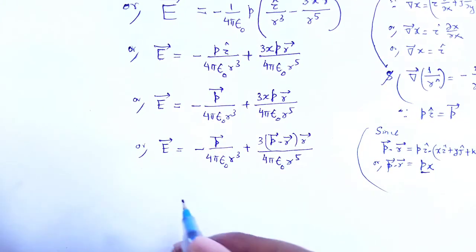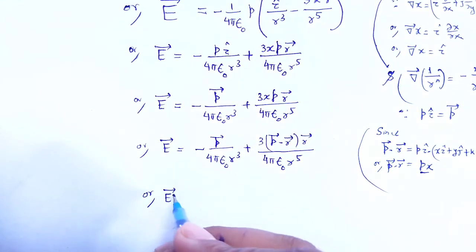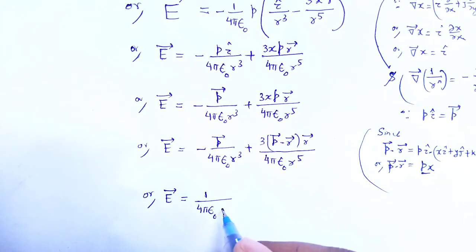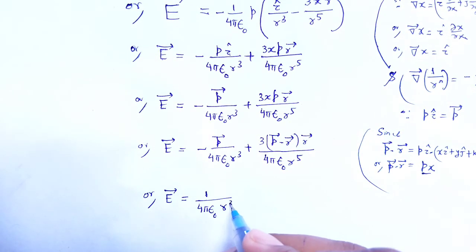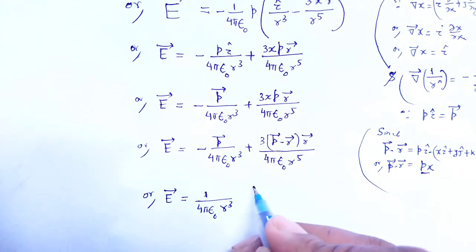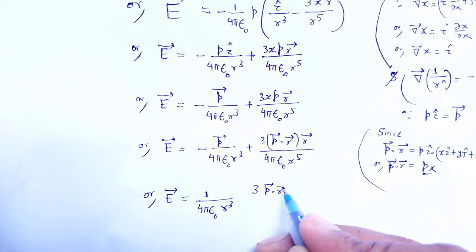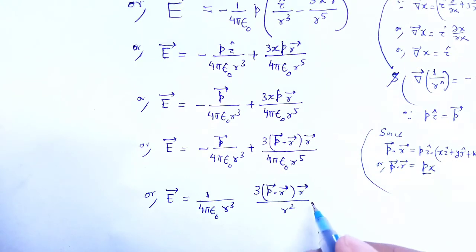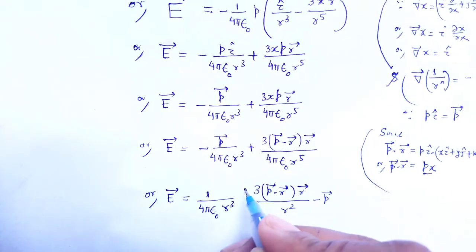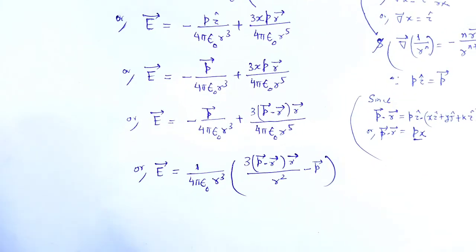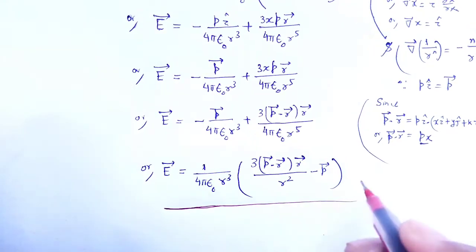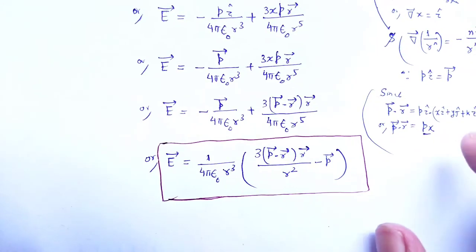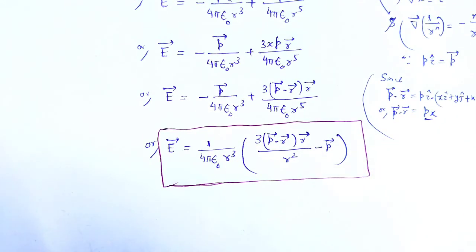From these two we get the term 1 by 4 pi epsilon naught r cubed as common. Inside the bracket we get 3 p dot r into r vector divided by r squared minus p vector. That is the required expression for electric field at point P due to that electric dipole.